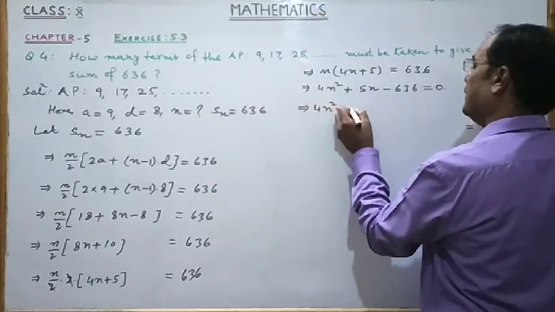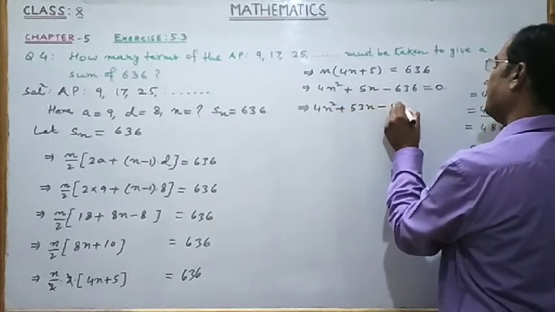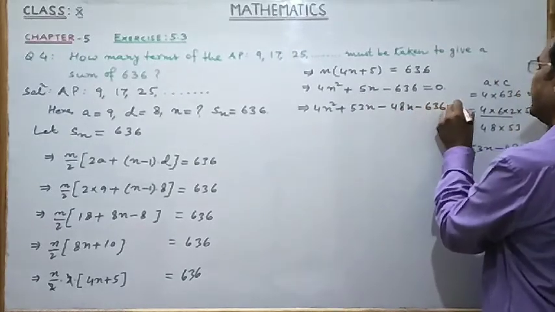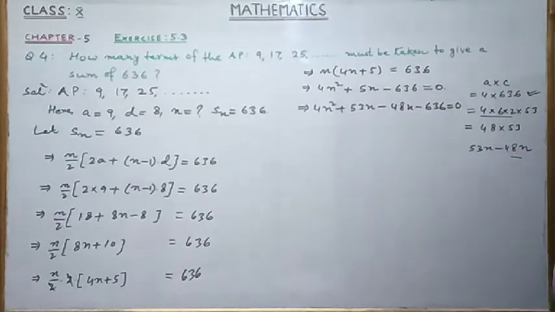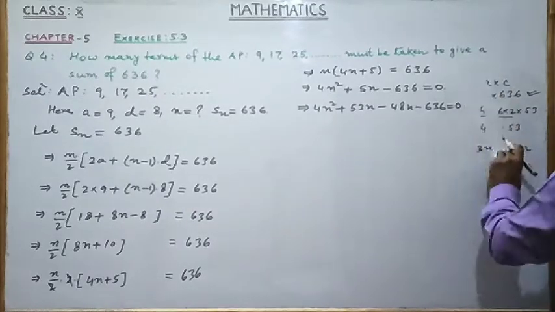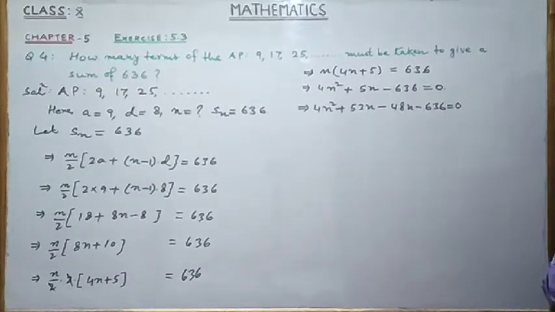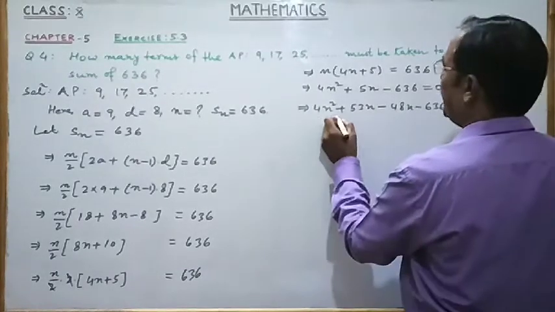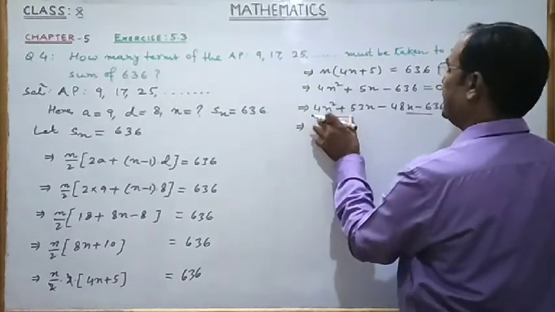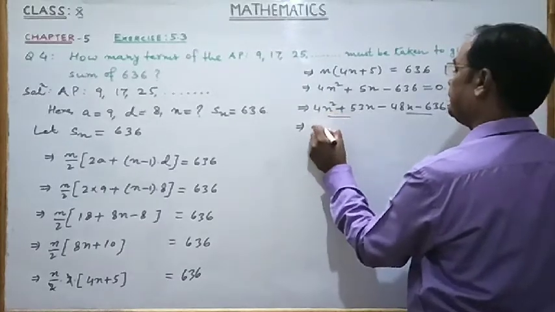4n square plus 53n minus 48n minus 636 equal to 0. Now make two groups and take out common factors. So n is common from this first group.